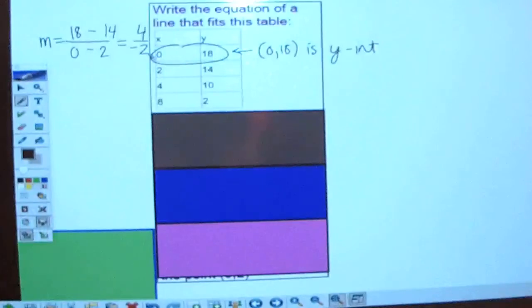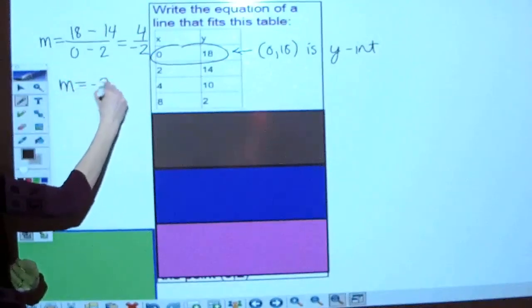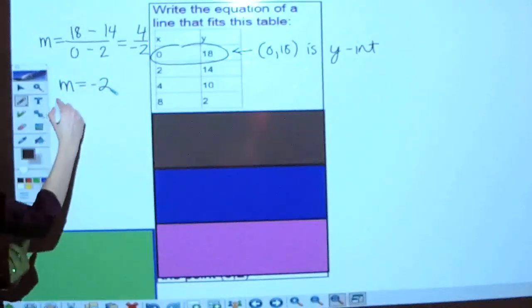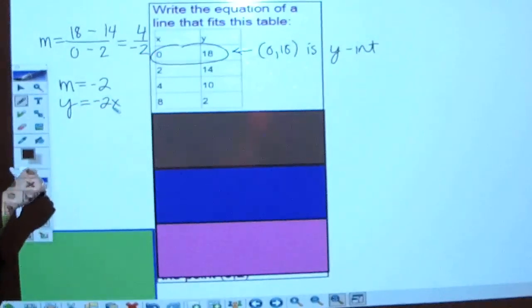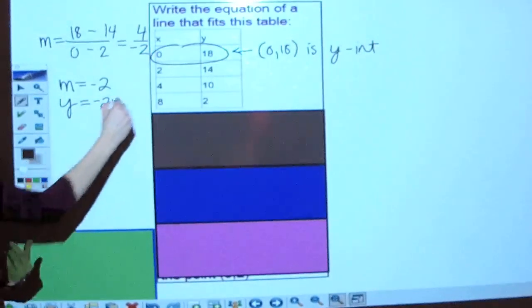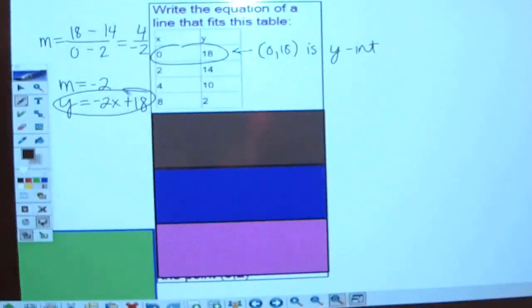your slope? Whoever is humming, can you please stop? -2. Okay. The formula is -2x, and what's your y-intercept? -18. No, 18. 18. Okay, -2x plus 18.